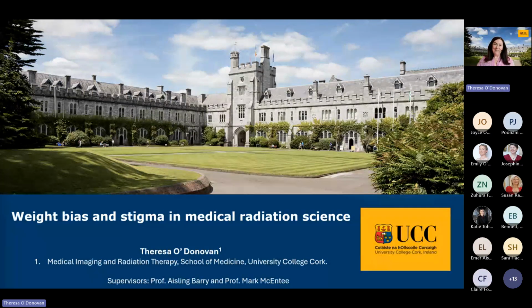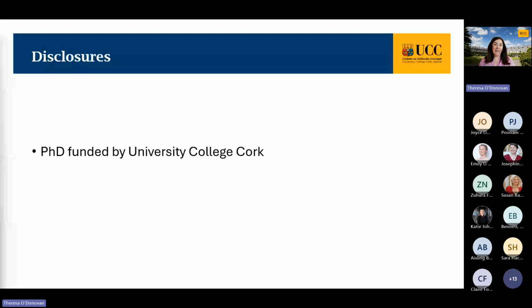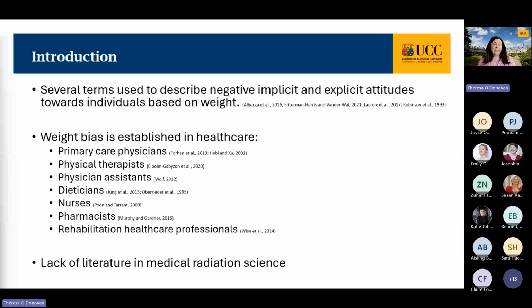Hello everyone, thank you for the invitation to speak today. I am just going to give you an overview of my PhD project, which is around weight stigma and bias in medical radiation science, and this is funded by UCC. If we think about the literature, there are lots of terms to describe attitudes towards individuals based on weight, including anti-fat attitudes, weight bias, weight prejudice, and fat phobia.